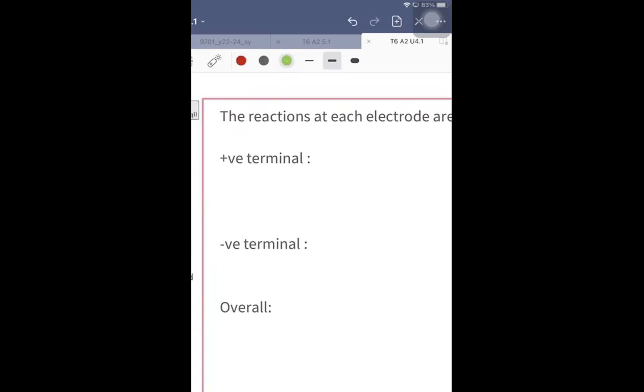So we should be looking at the forward reaction. Br2 liquid plus 2 electrons to form 2 Br minus. Okay, as for the negative terminal, oxidation is happening. So we look at the reverse equation. It's from H2 gas to produce 2H plus 2 electrons.